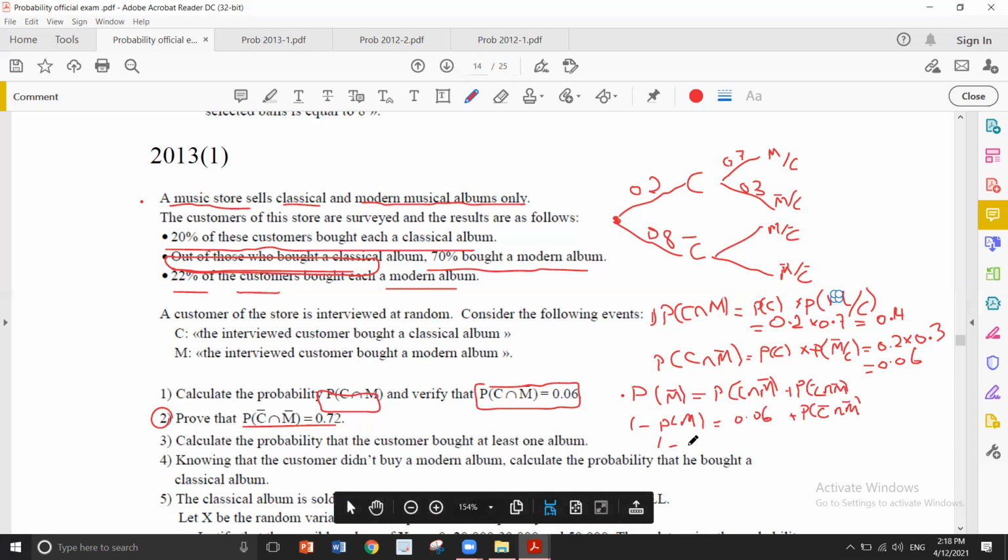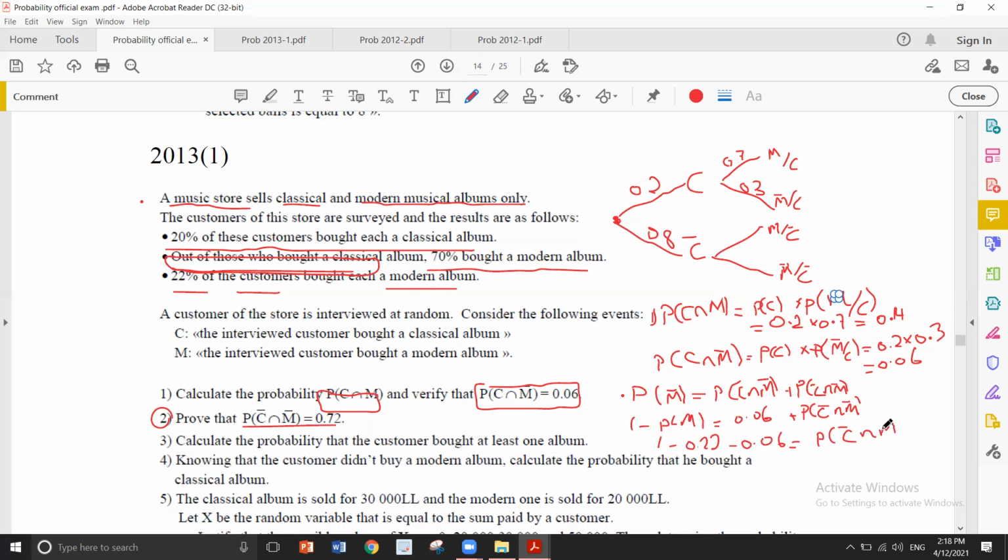One minus 0.22 minus 0.06 equals the probability of C bar intersection M bar. So the probability of C bar intersection M bar equals 0.72.